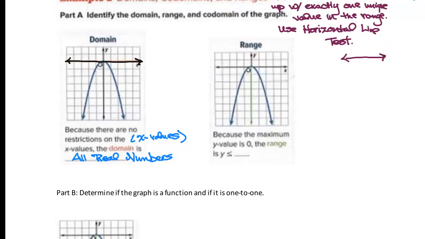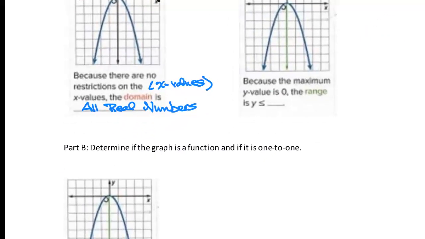Well, how far out are those lines going to go? If they have arrows at the bottom, they're never going to stop. So they're not only going down, they're going down and out forever.